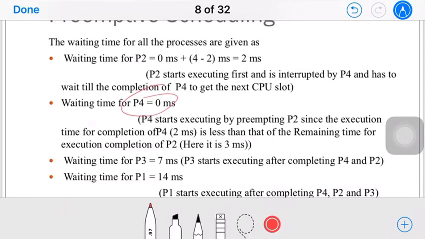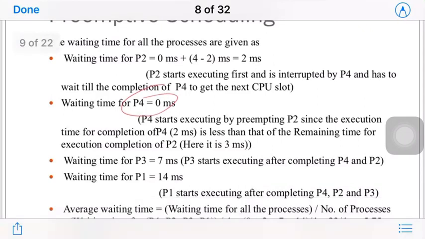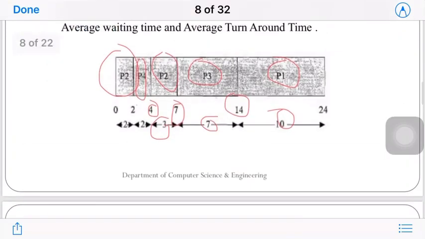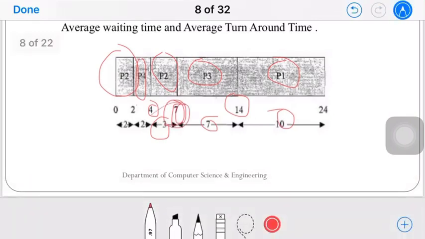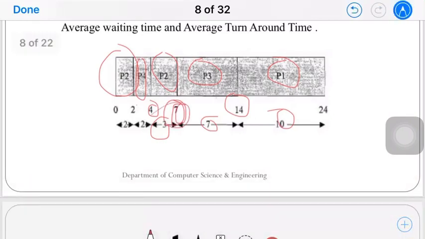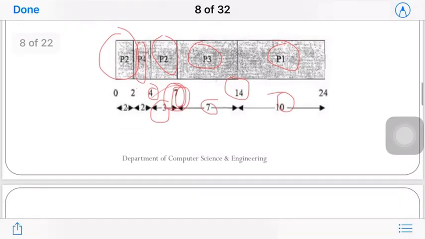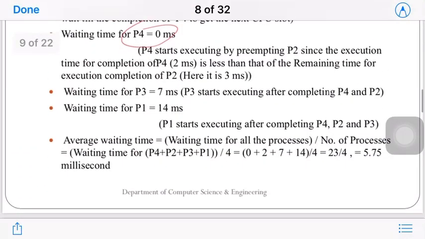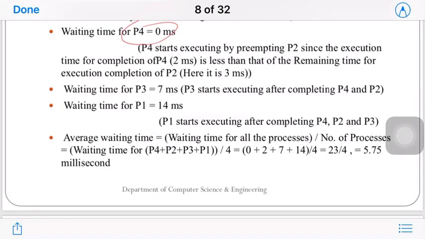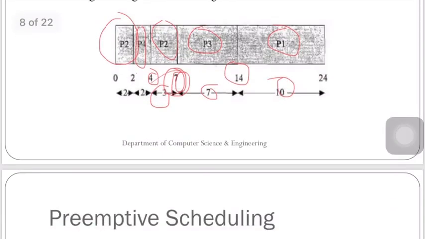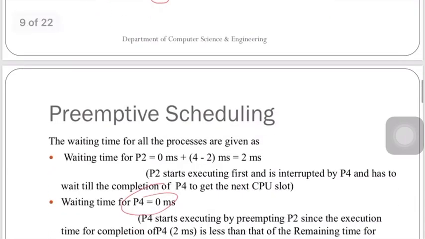Then we have P3. P3 started at 7 milliseconds, so its waiting time is 7 milliseconds. Similarly, waiting time for P1 is 14 milliseconds because P1 starts after 14 milliseconds.